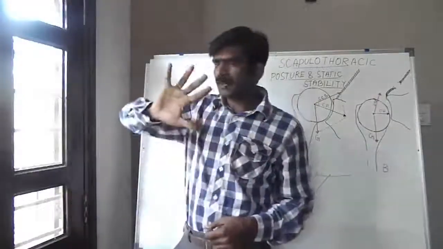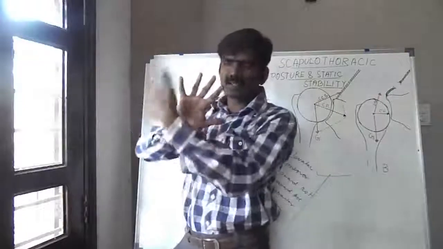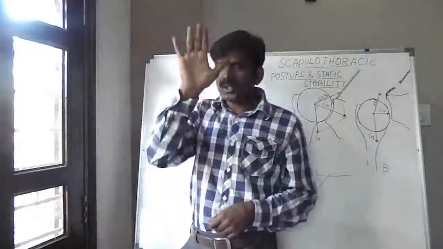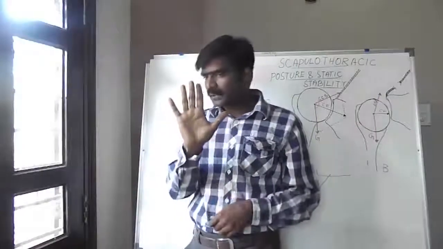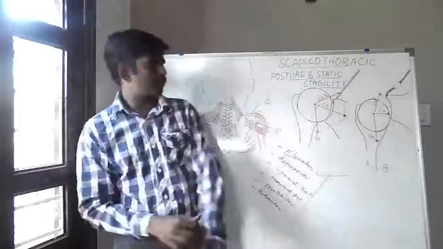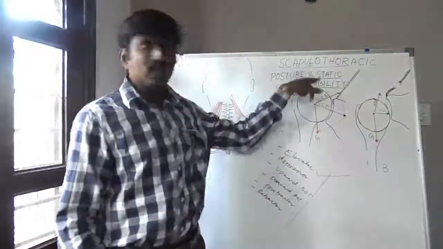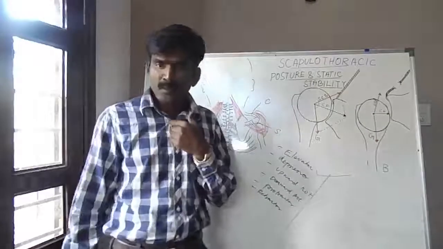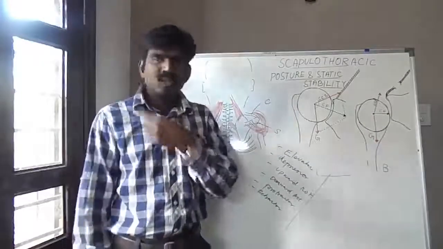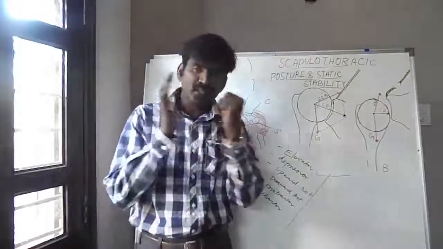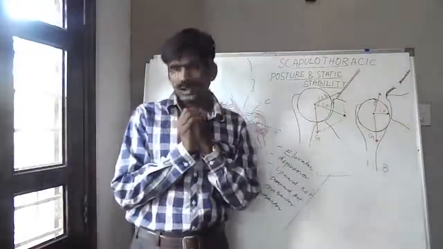In upward rotation, the glenoid cavity is on the lateral side, clear? These are the possible movements in the scapulothoracic joint. We are not discussing the sternoclavicular, acromioclavicular, or glenohumeral joints. We are discussing the scapulothoracic joint.